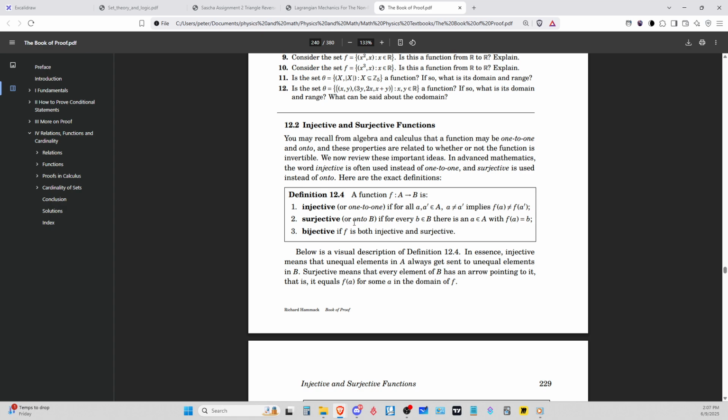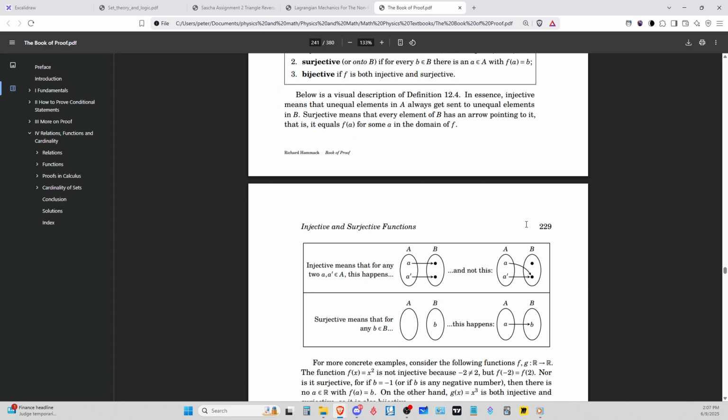That's sure, that's obvious, and I'm using sarcasm with that. Surjective, or onto B: for every b in B, there is an a with f of a equal to b. And bijective is both surjective and injective. Okay.